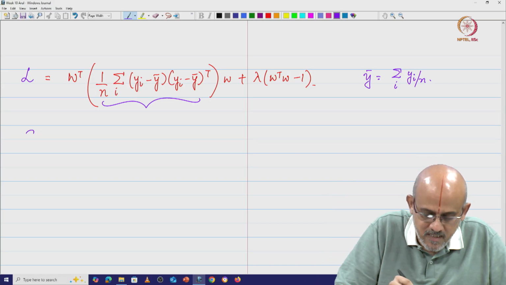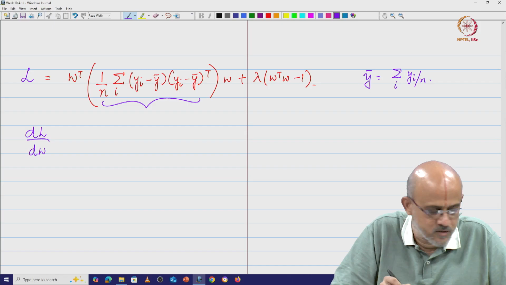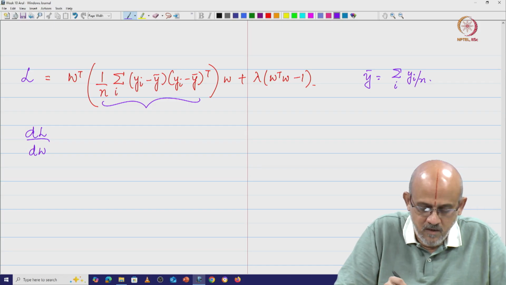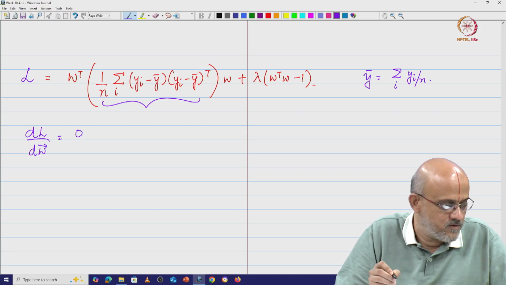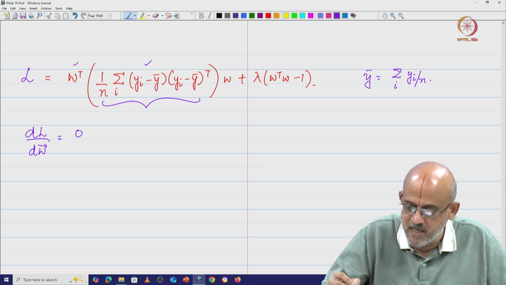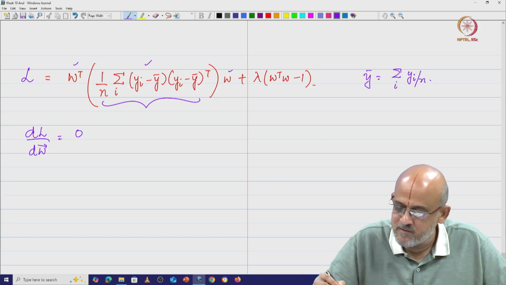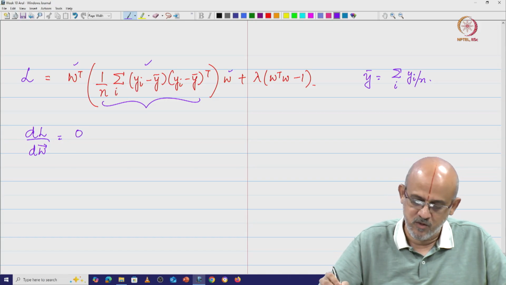So, what I do is I say dL by dW, you have to find the W vector, so this has to be equated to 0. So, I will say dL by dW vector is going to give me 0. What is this? This is of the form x transpose A x, then I have plus lambda into W transpose W minus 1. So, what am I going to get?